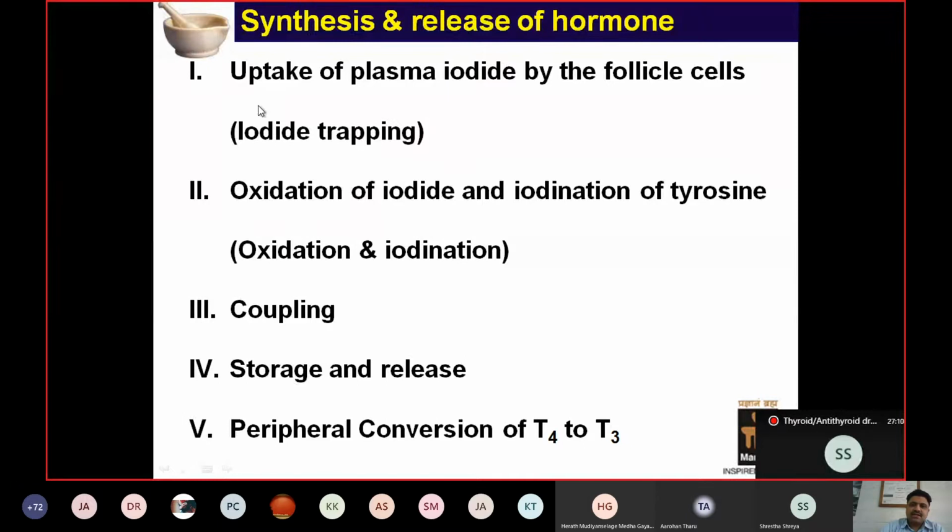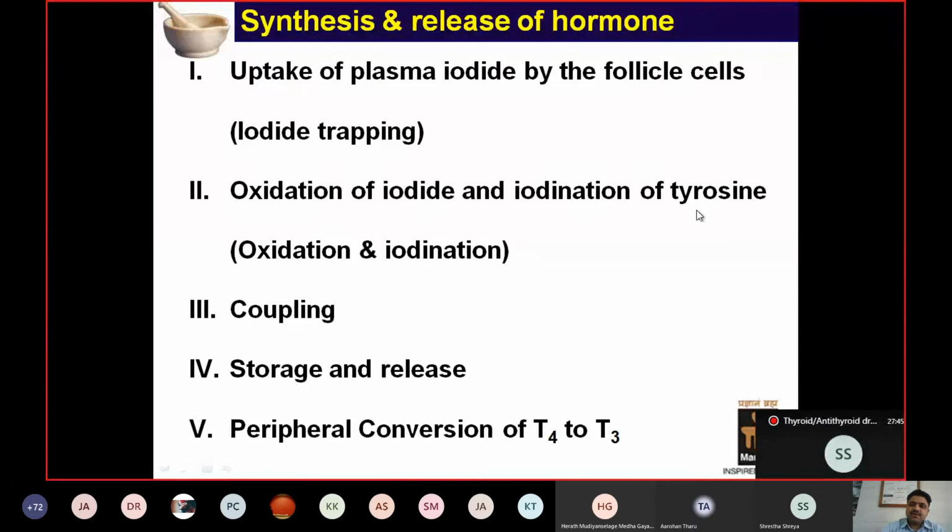The synthesis and release of the hormone takes place in these 5 steps. The first step is to take the iodine from the blood, and that is done by the follicle cell, the single luminal cell. It takes up the iodine, and that is what we call iodide trapping. After trapping, the iodine is oxidized.